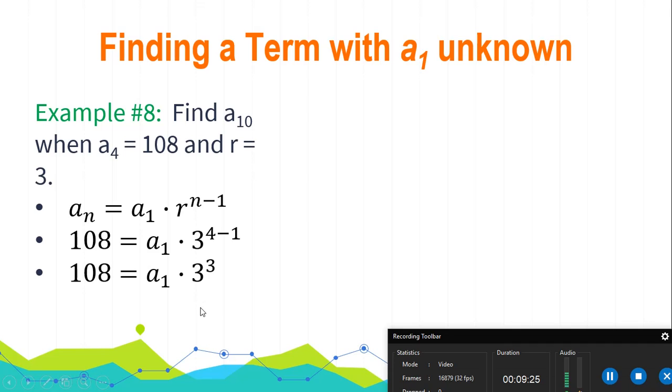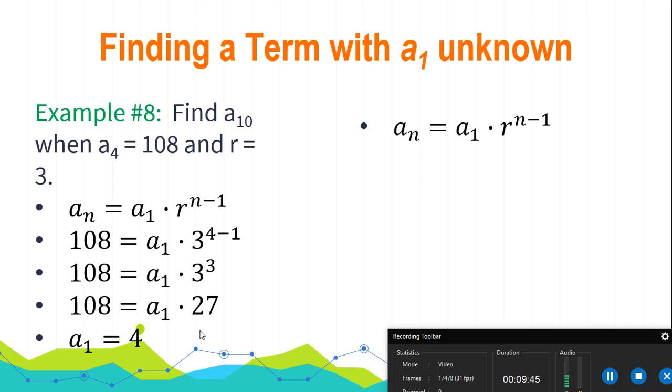All right, so I'm going to simplify. 3 to the 3rd is going to be 27. And now to get a sub 1 alone, I'm going to divide both sides by 27. And this gives me a sub 1 is 4. Now that I know the 1st term, I can find the 10th term using the same formula. So let me start with that formula again.